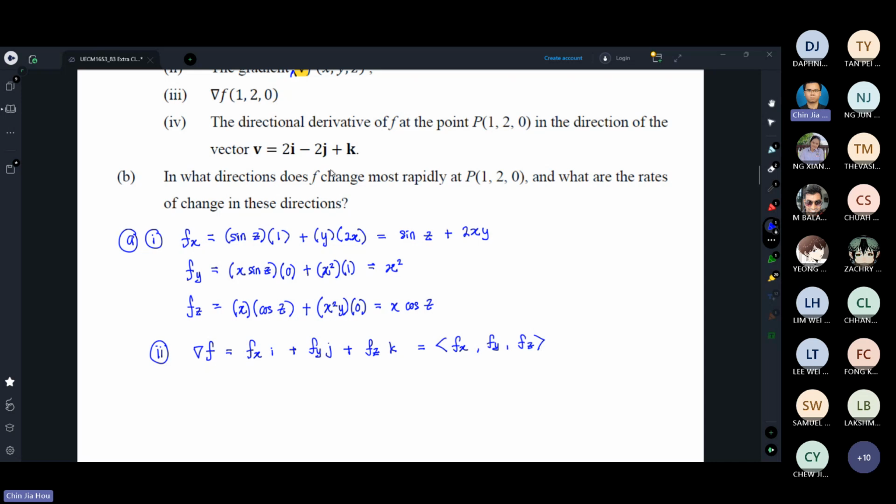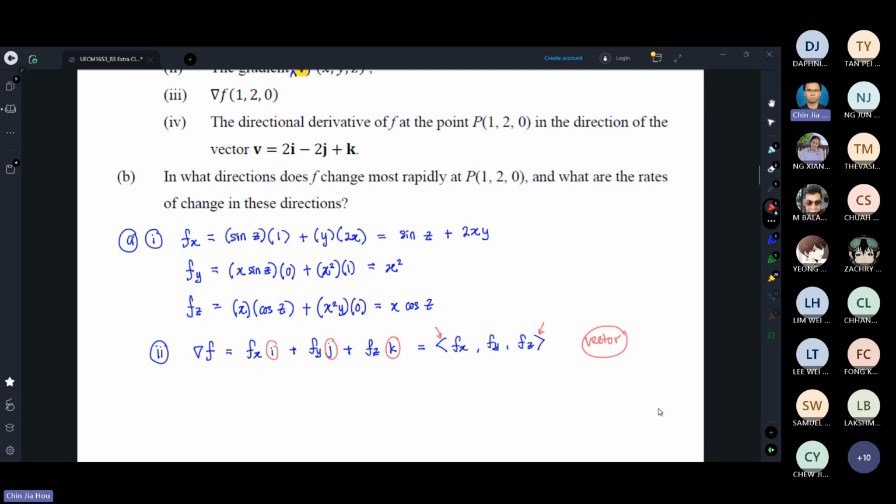Remember that this is a gradient vector, so your answer must be a vector. It's not a number, not an expression of x, y, z, not like that. It must consist of a vector element in there, meaning the i, the j, the k, or the pointy bracket to indicate that this is a vector. Okay, let's just say we go with the ijk one, which is much clearer.